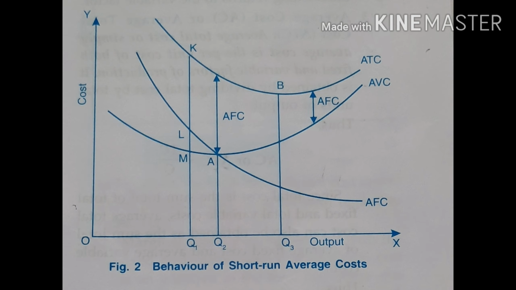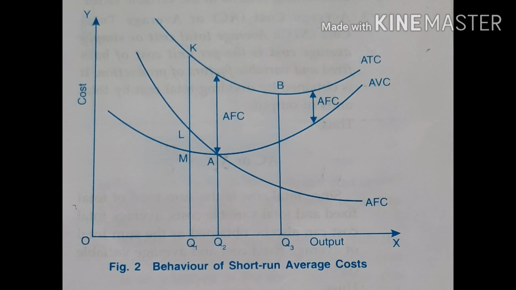The curve also approaches the x-axis but does not touch it, because average fixed cost cannot be 0 since the total fixed cost is positive at all levels of production. This is why it is an asymptotic curve, a rectangular hyperbola.